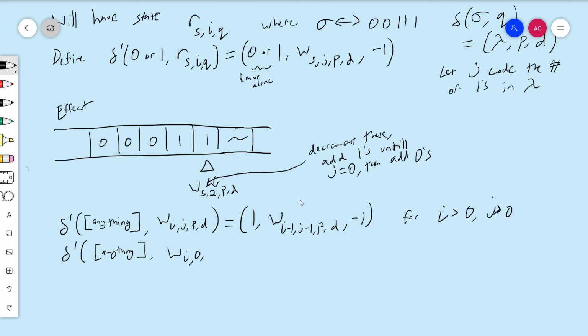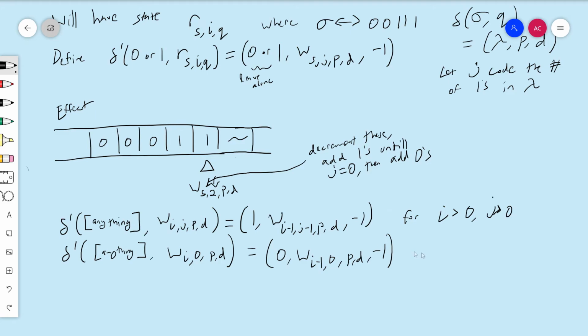So I'll put a 0 in the subscript, P, D. If that's the case, then I want to write in a 0, and I only want to decrement I. So leave J at 0. Keep P and D. I just need to keep that information for later, and keep moving left.